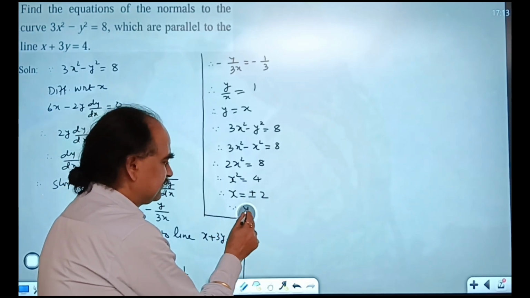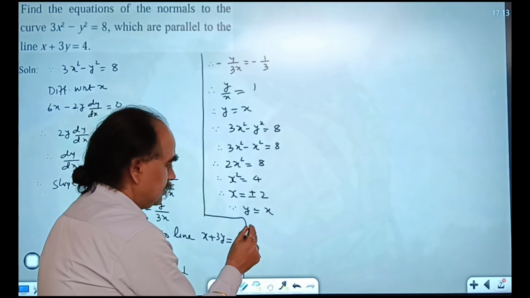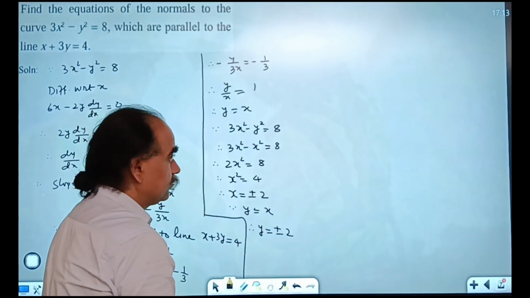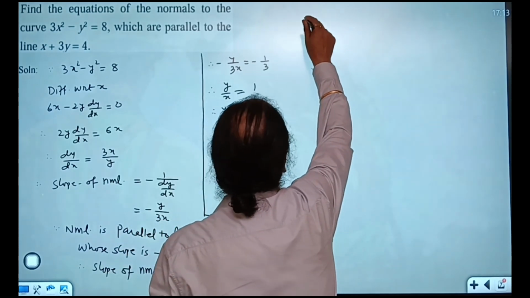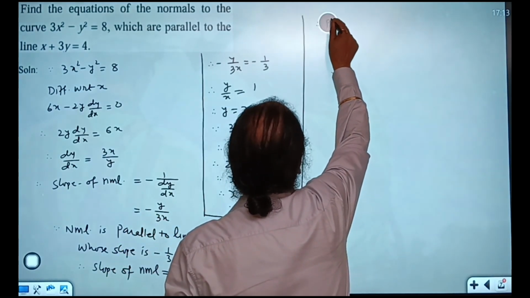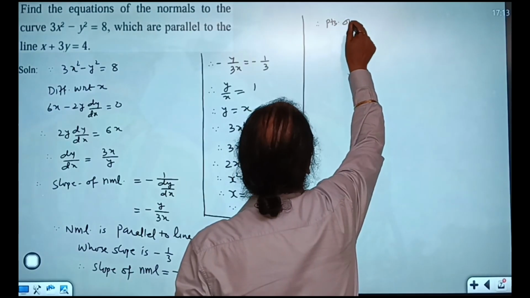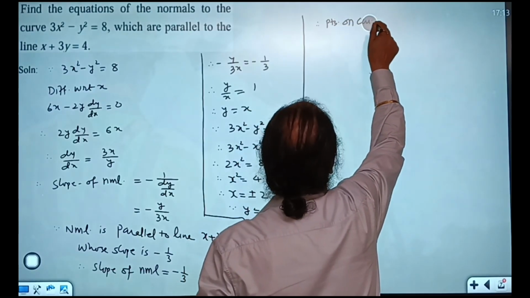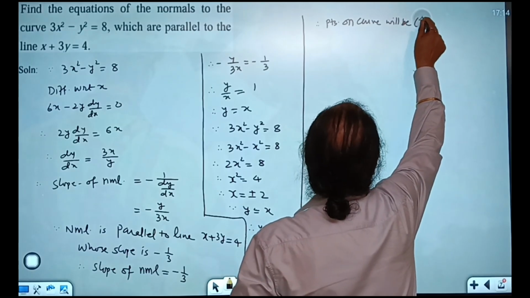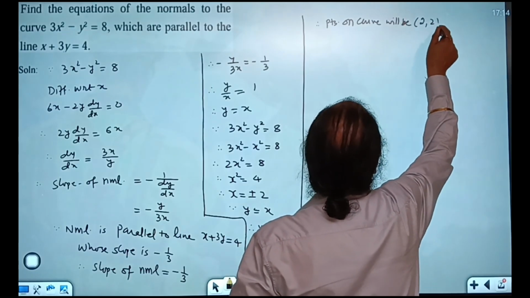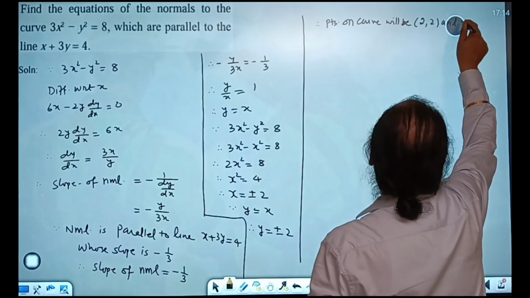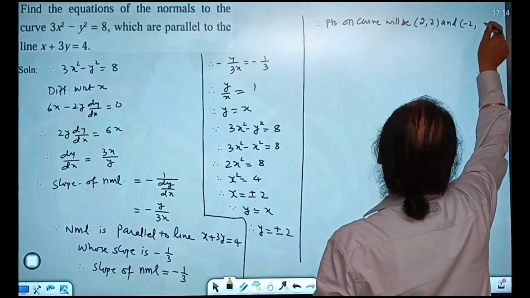Since y is same as x, y will be plus minus 2. Therefore, points on curve will be 2, 2 and minus 2, minus 2.